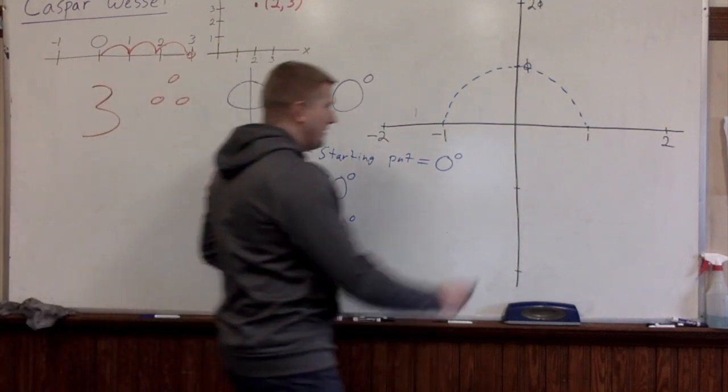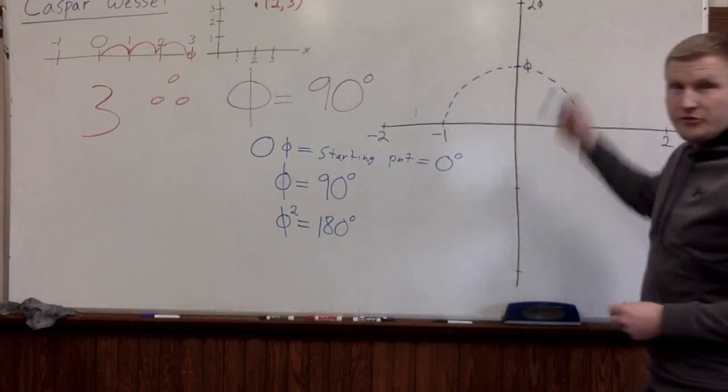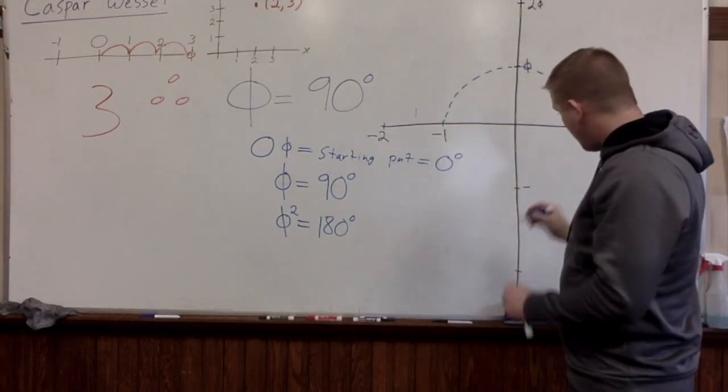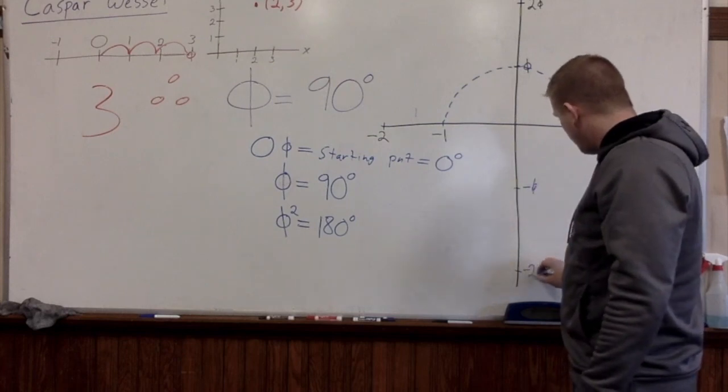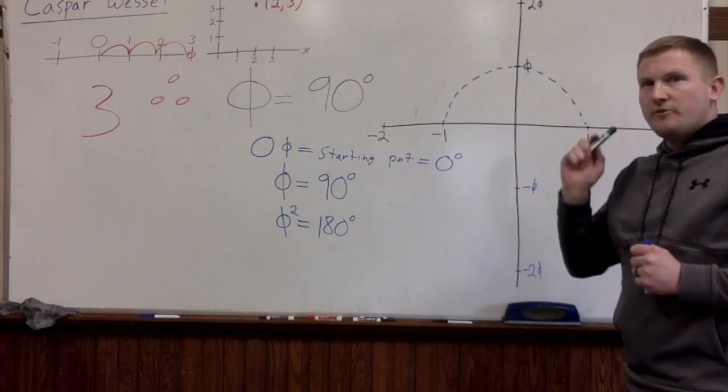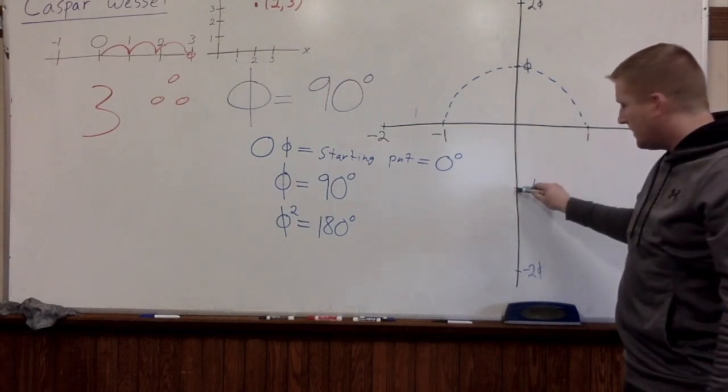If we wanted to represent this point down here, now it stands to reason that if these are 1, 2, and 3 phi, then this would be negative phi, negative 2 phi, right? So again, in terms of phi, how do I get here?